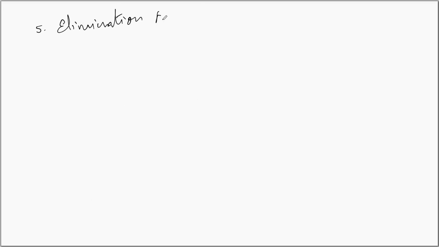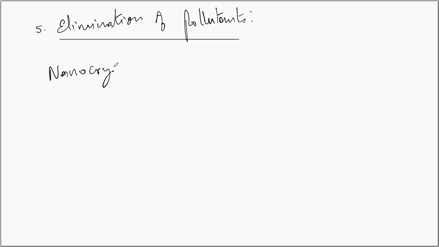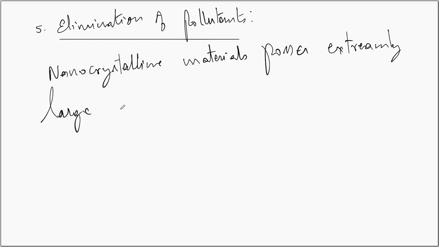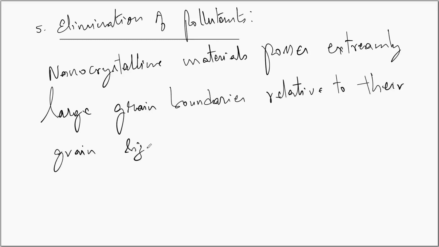Elimination of pollutants. Using nanomaterials, one can eliminate the pollutants in the environment, because the nanocrystalline materials possess extremely large grain boundaries relative to their grain size.